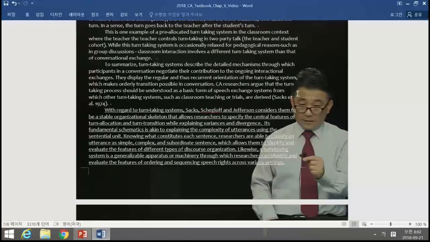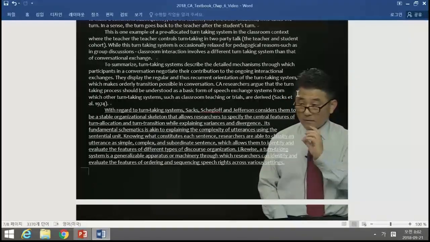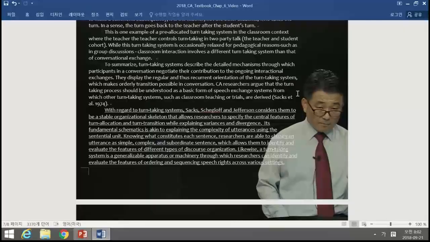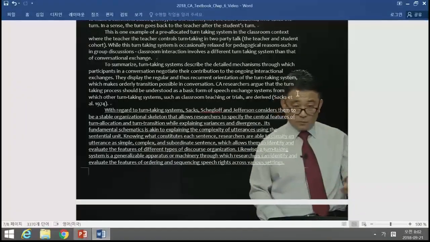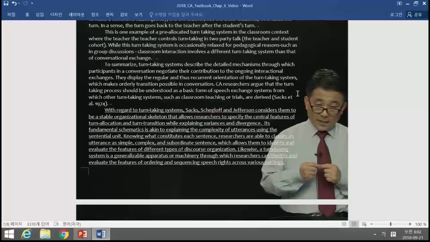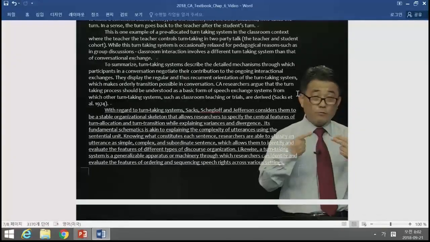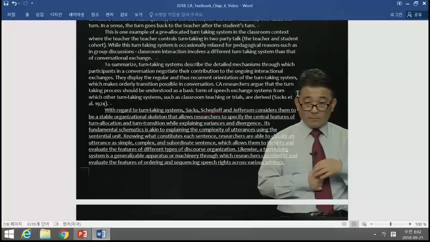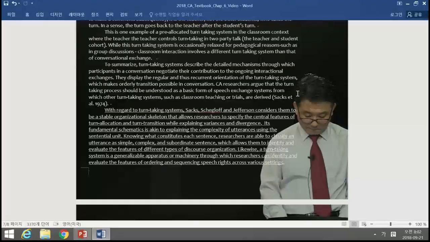Using this system, we can identify the features of a particular conversation or written passage. This is complex, this is formal, informal, and so on. So the turn-taking system works like that basic system through which we can identify some specific details in different contexts.